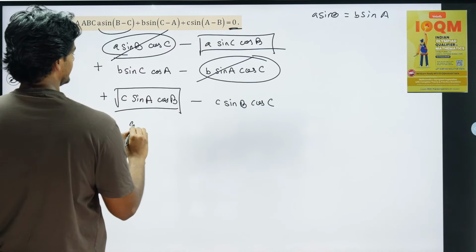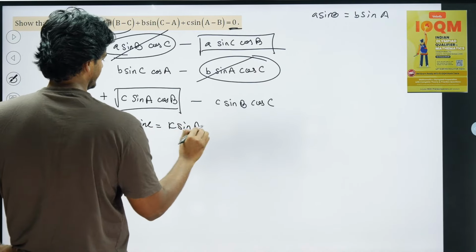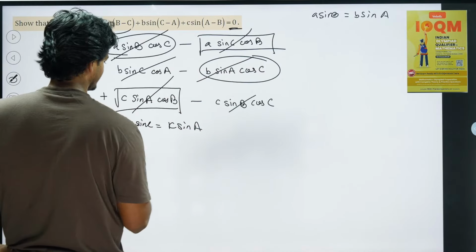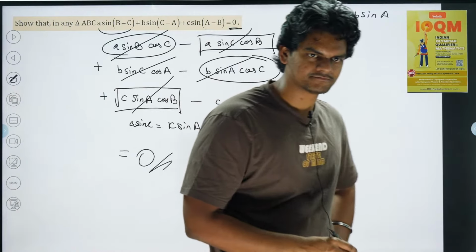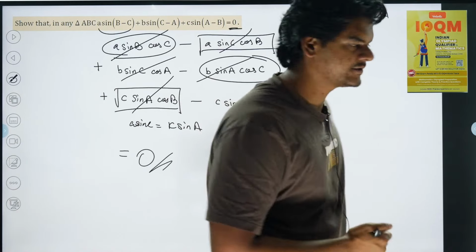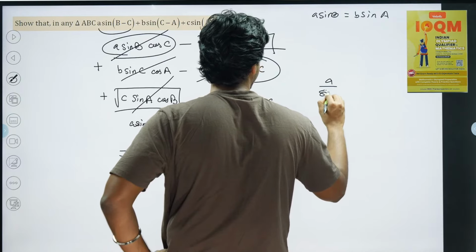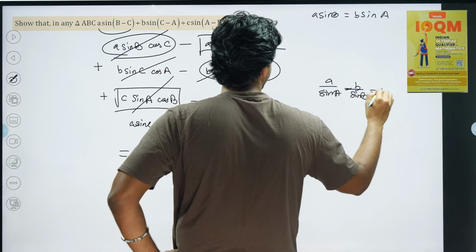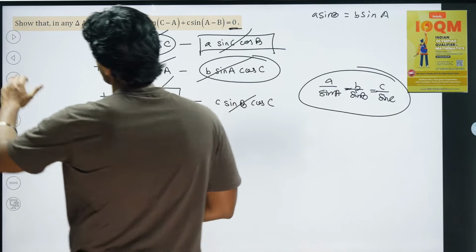A sin C is equal to C sin A. So these two will get cancelled. And similarly these two will get cancelled. So it will be 0. Easy, yeah? We need to use the sine rule and prove it. We simply used A by sin A is equal to B by sin B is equal to C by sin C. Chalo.